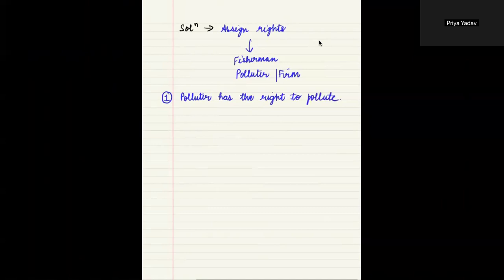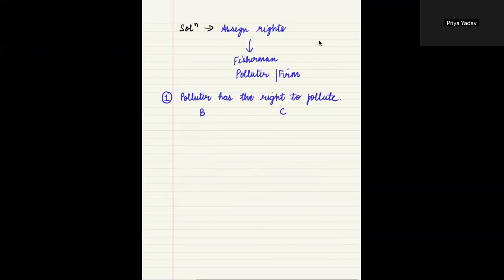If the polluter has the right to pollute, suppose by polluting it incurs a benefit of B. Now, this pollution causes a cost of C to the fishery. Now, the fishery comes to the polluter and says that please do not pollute. What they can do is enter into an agreement where the fishery can pay something to the polluter not to pollute, right?